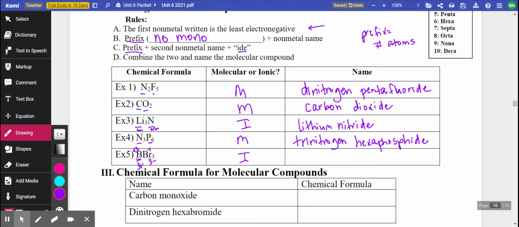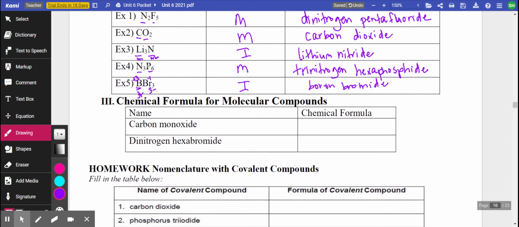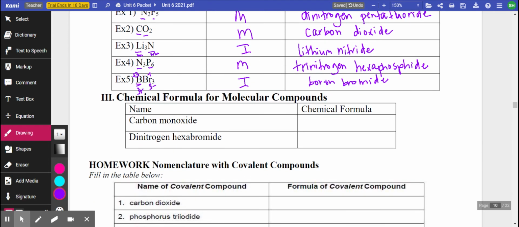So in this case, because there are 3 bromines, I have 3 negative charges. Boron, when it forms a charge, is +3. I can use ionic naming rules for this. So this is going to be boron bromide. Okay. So if you have one that maybe has a metalloid in it, you can look to see if the charges add up or not. And if they don't add up, then you can definitely say you need to use the molecular naming and formula writing rules.